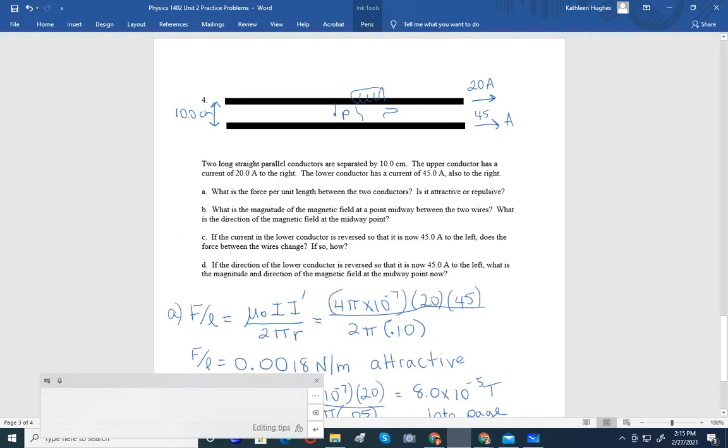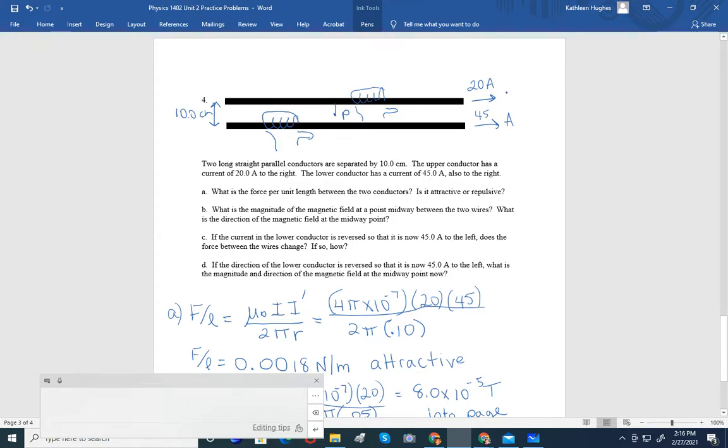Picture grabbing the lower one. Same thing, our thumb's going to point that way, so we have our hand back there, and we're going to grab it with our fingers like this. Okay, you can see at this point the magnetic field due to the bottom wire is going to be coming out of the board.